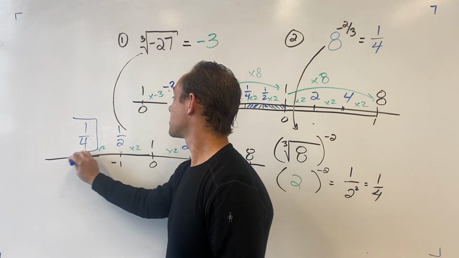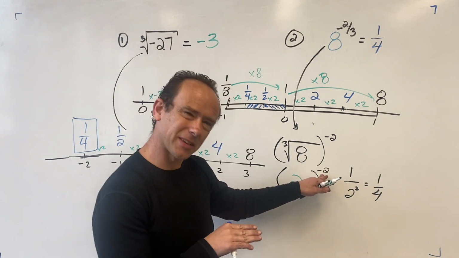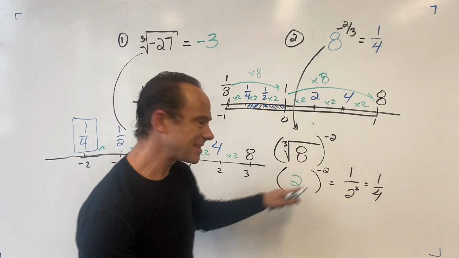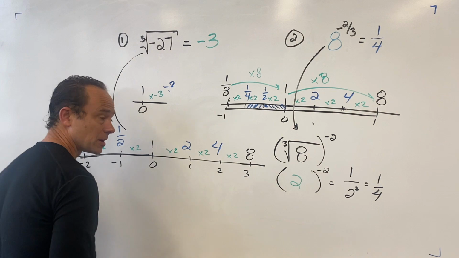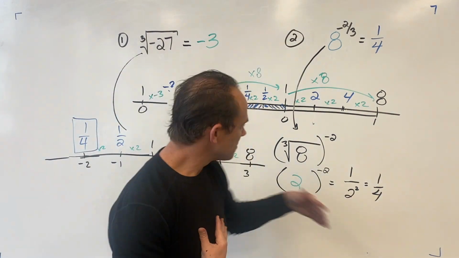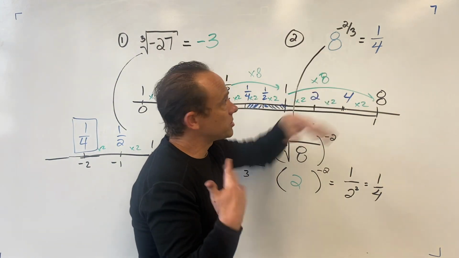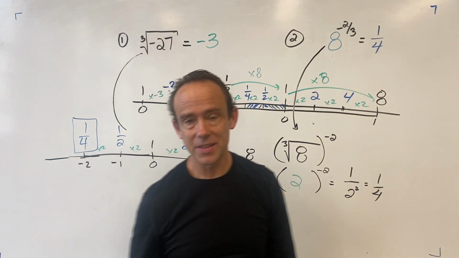So again, you get to 1/4, because when you go against the tide of multiplication, you divide. One of the things I want you to remember is that this isn't going to be a negative number, because the thing you're multiplying by is positive. So your answer has to be positive.